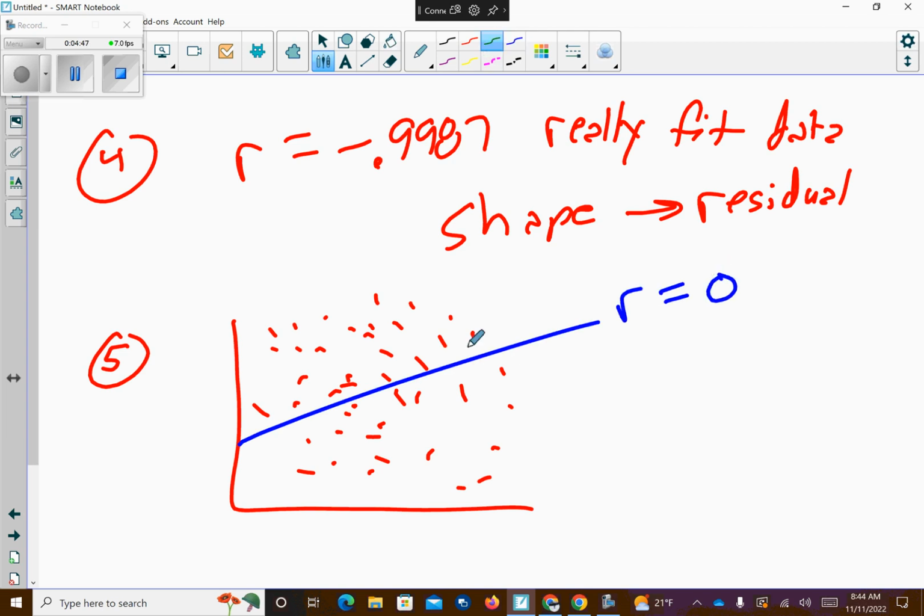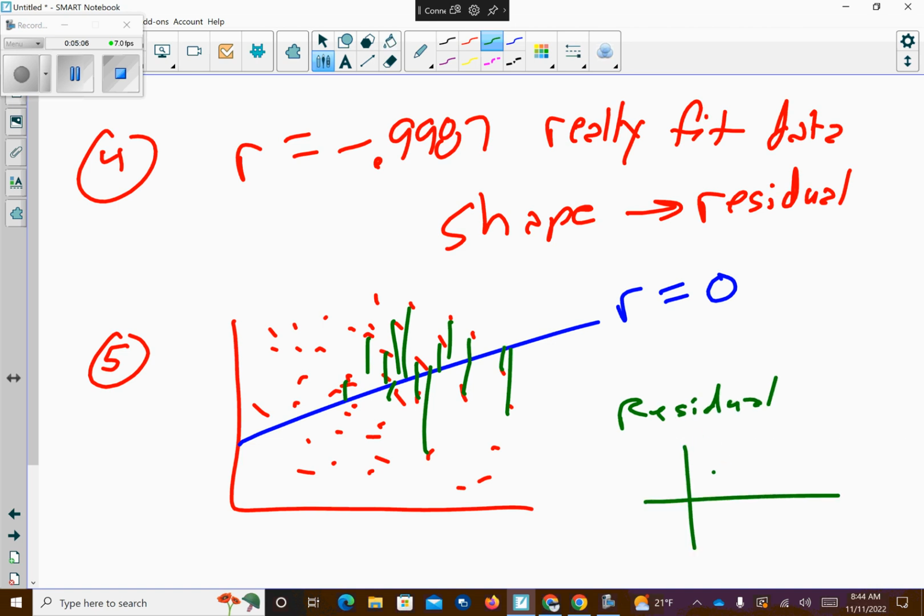And being that you do have all of these particular distances above and below, we can have a random scatter of the residual. So the residual, if we were to plot that, it's going to be something like that, where we're not showing necessarily a pattern to it. Okay, so that's the first page.